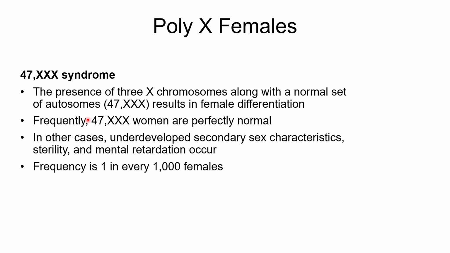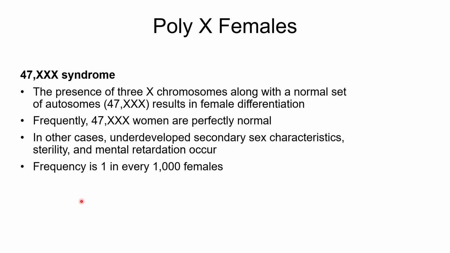However, some of the secondary sexual characteristics sometimes become underdeveloped. And by secondary sexual characteristics, what we mean are things like the mammary glands, the breast tissue, and some of the other characteristics that we associate with puberty.